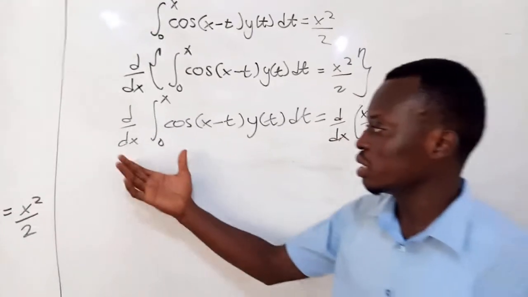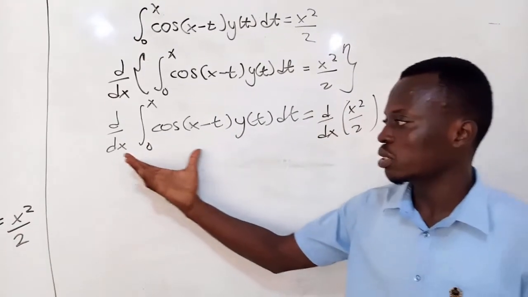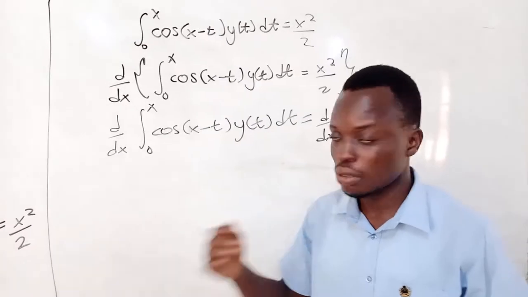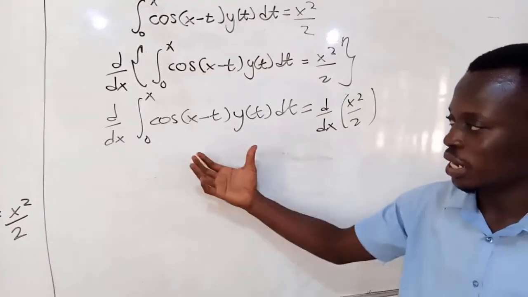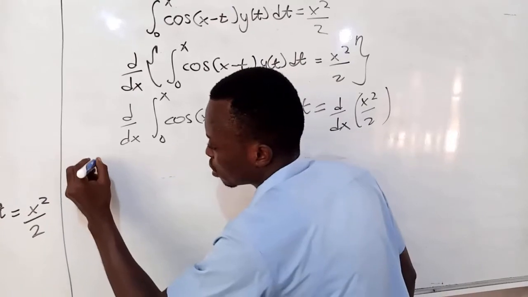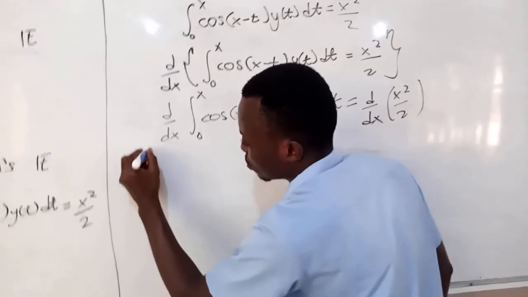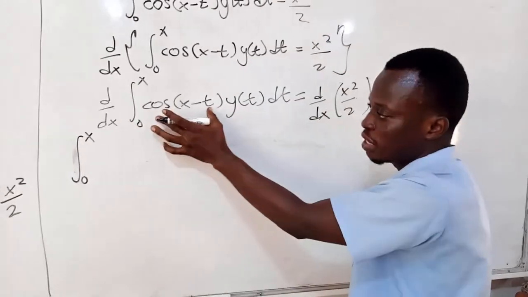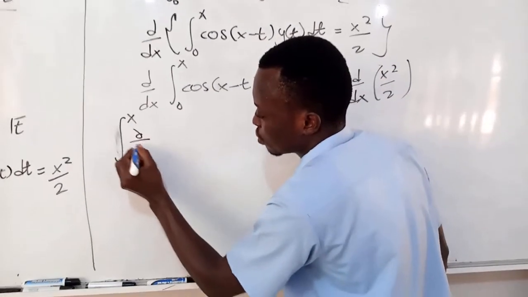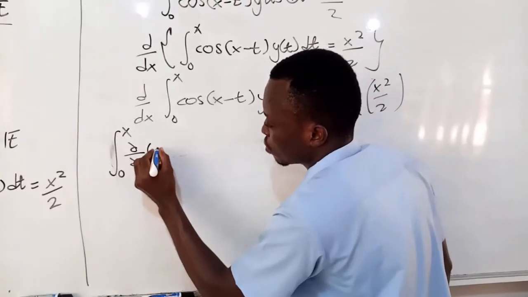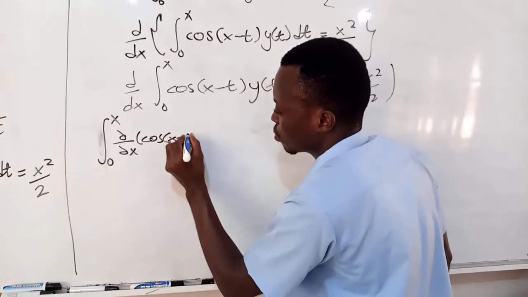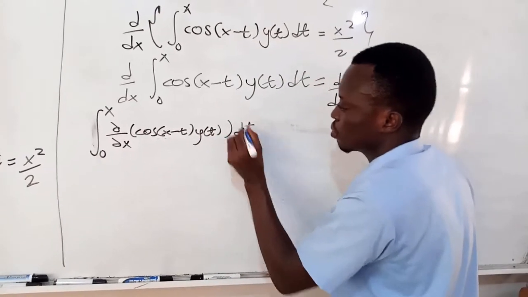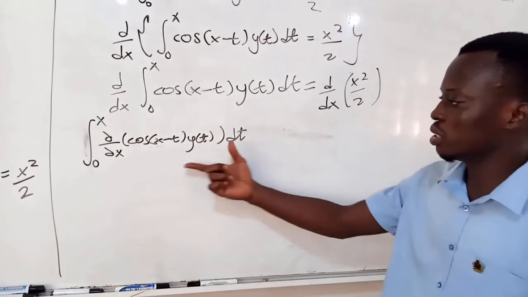You could really see that in our previous video we had something like this, and we applied what is called differentiation under the integral sign. The same thing has to be applied to this side. So on this side I'm going to get the integral from 0 to s, then it becomes a partial derivative here, del by del s of cos(s minus t) y(t).